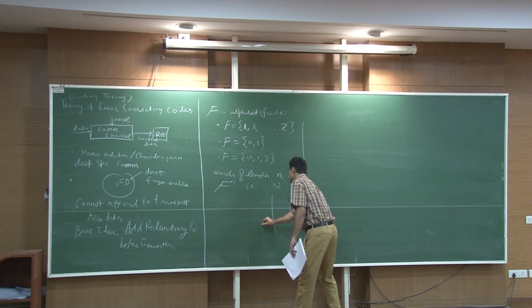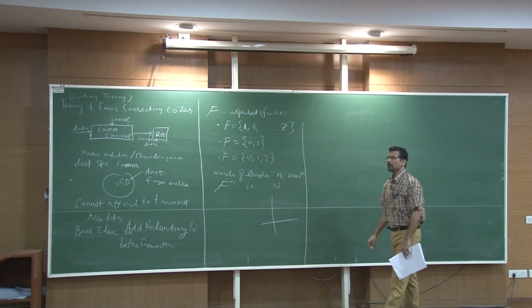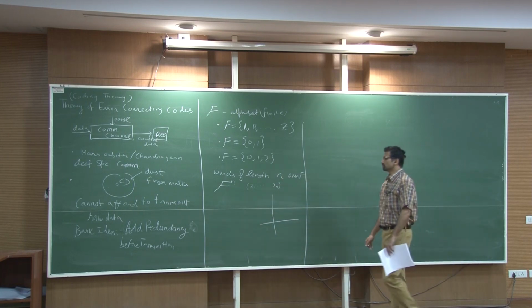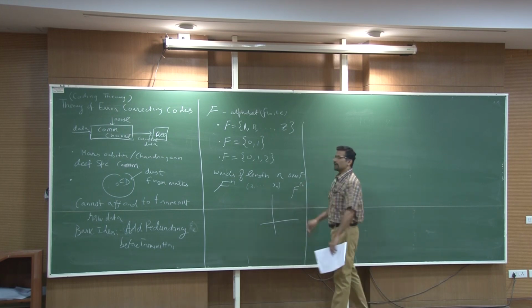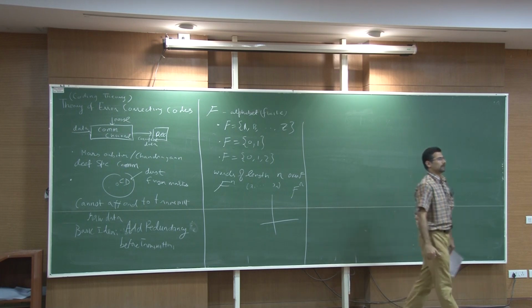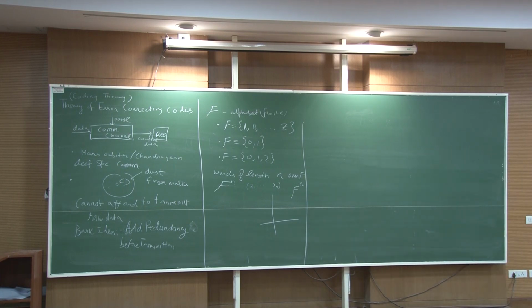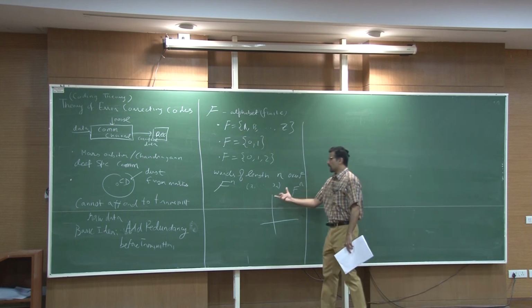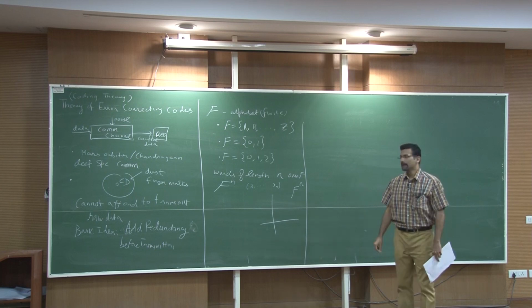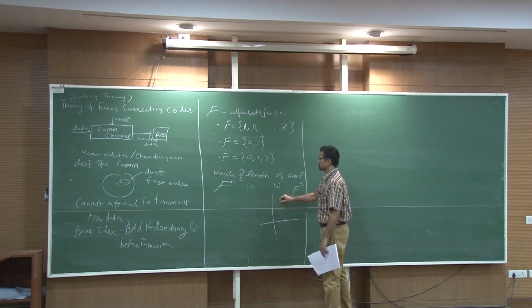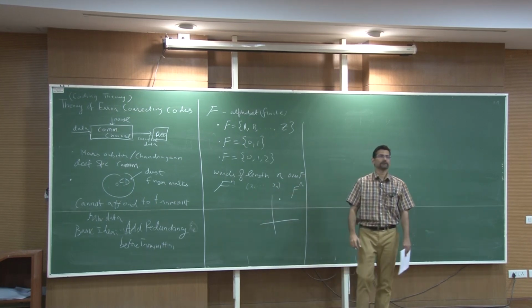So I will just use some geometric notation in analogy with R to the n, Cartesian product. I'm going to just schematically think of this set of words as F to the n as a space. Okay, a word I'm going to represent by a dot.